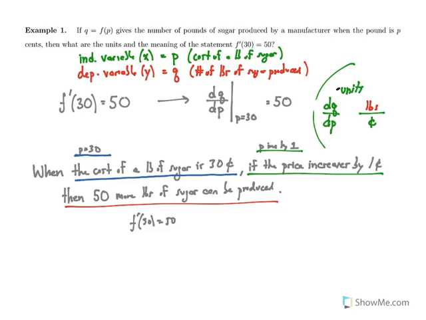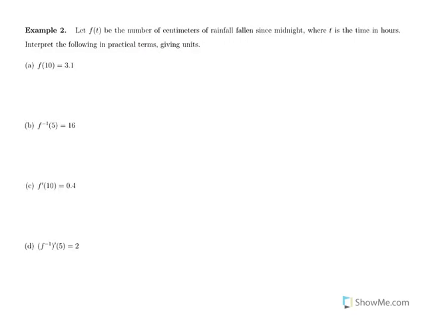All right, next example problem, we're going to look at F of T, which is the number of centimeters of rainfall fallen since midnight. T is going to be the time in hours, and again, F of T is the number of centimeters fallen. And we're going to interpret the following in practical terms, giving units.